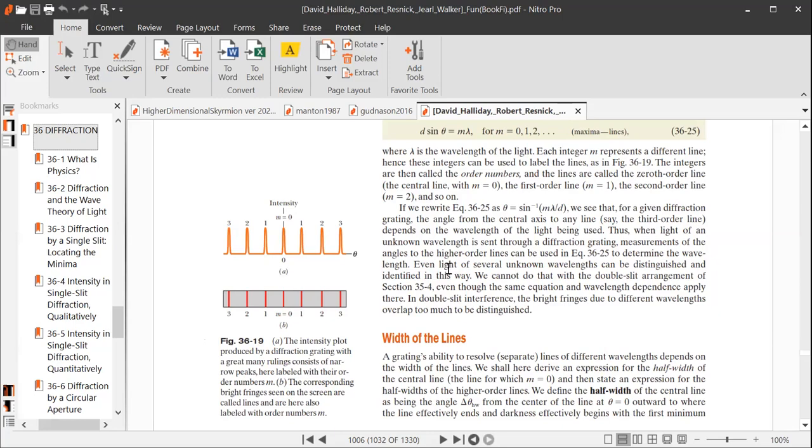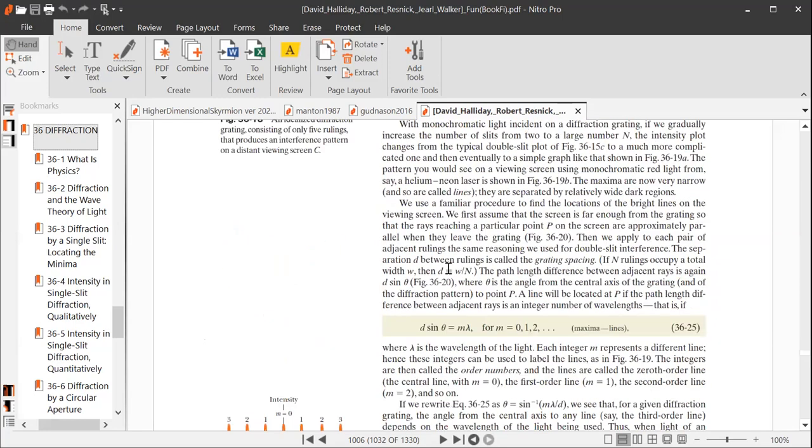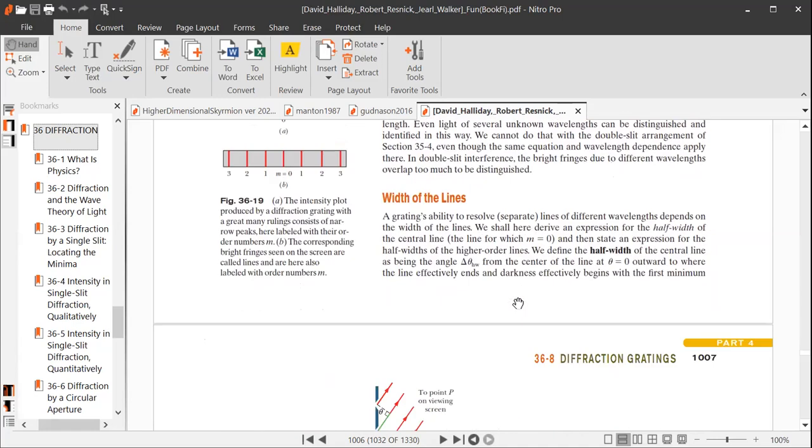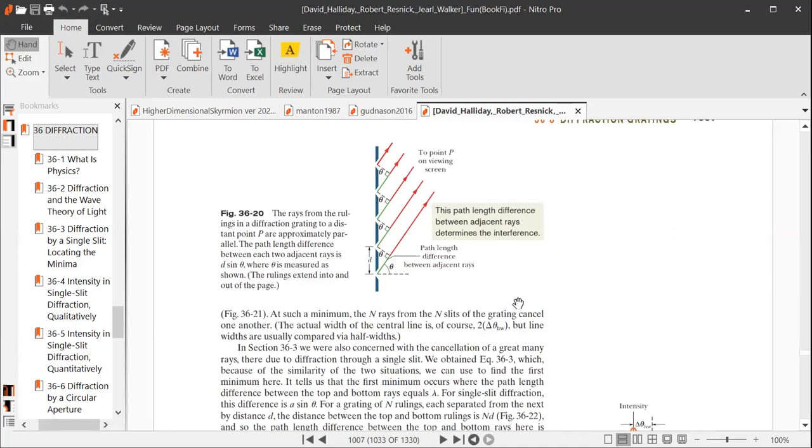So basically this is the maximum for N slits. We get these maxima lines. So what about the width of the lines?